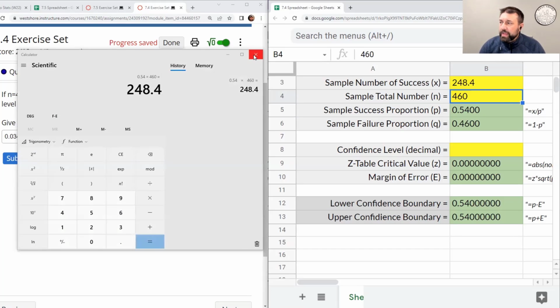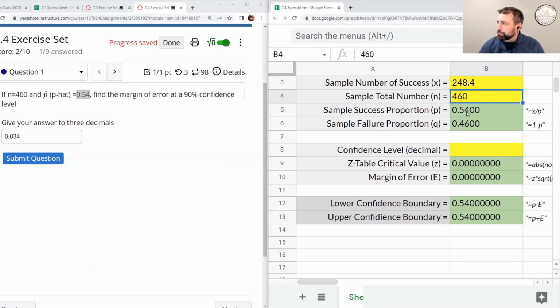I get 248.4. If I put that number in here, my p hat is 0.54 and my q hat, which is just the complement, is 0.46. So 248.4 successes divided by 460 gives me these values. Now all I need to do is punch in my confidence level, 0.90.